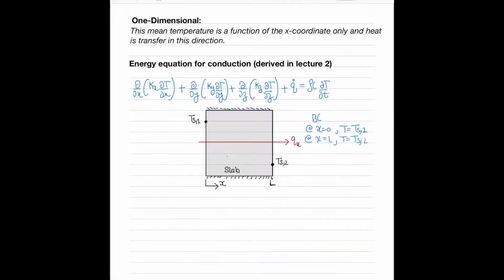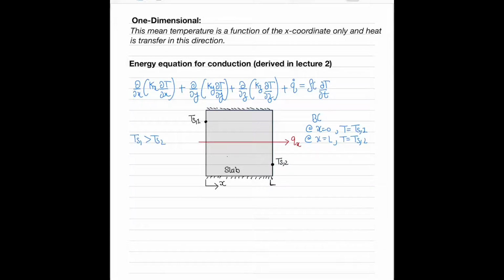Now I will start with the energy equation for conduction that I derived in my lecture 2. So here I have a slab where one face is maintained at a temperature of Ts1 and another at a temperature of Ts2, and heat is flowing from Ts1 to Ts2, where Ts1 is greater than Ts2.